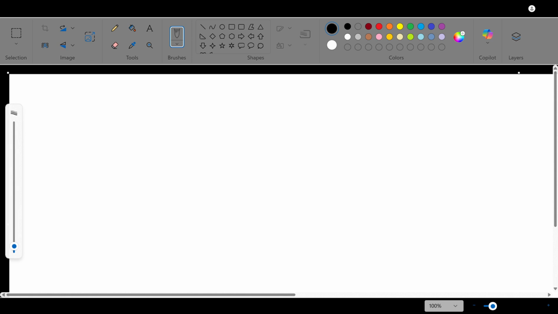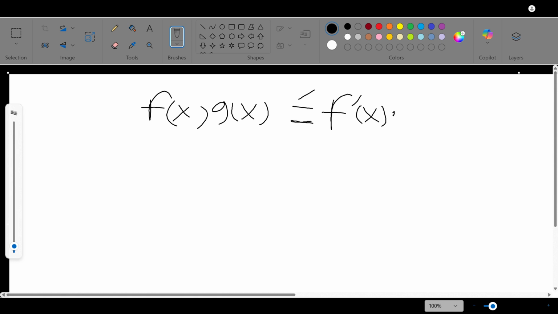Basically, when multiplying two functions, the derivative will be the derivative of the first function times the original function of the second one, plus the derivative of the second function times the original of the first function.